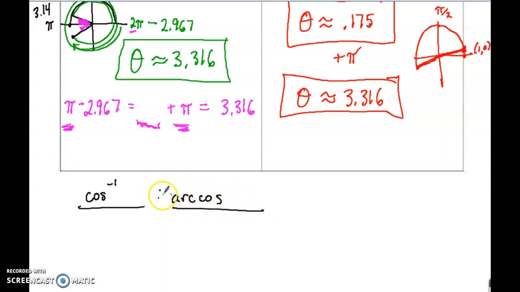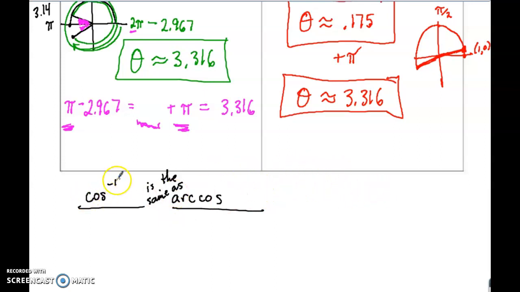The reason why is that what the function is doing is finding the length of that arc. So that's why they call it this.